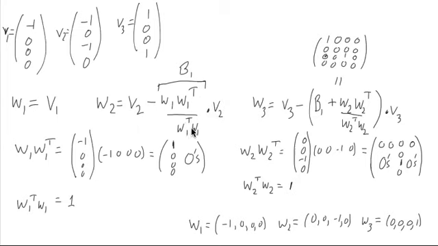Now, you see this down here? That's actually a scalar. So we're dividing by a scalar, so we're multiplying by 1 over the scalar right here. This is really just the dot product of this with itself, which is the same thing as the length of W1 squared, if you will. It's just the sum of squares of entries of W1.